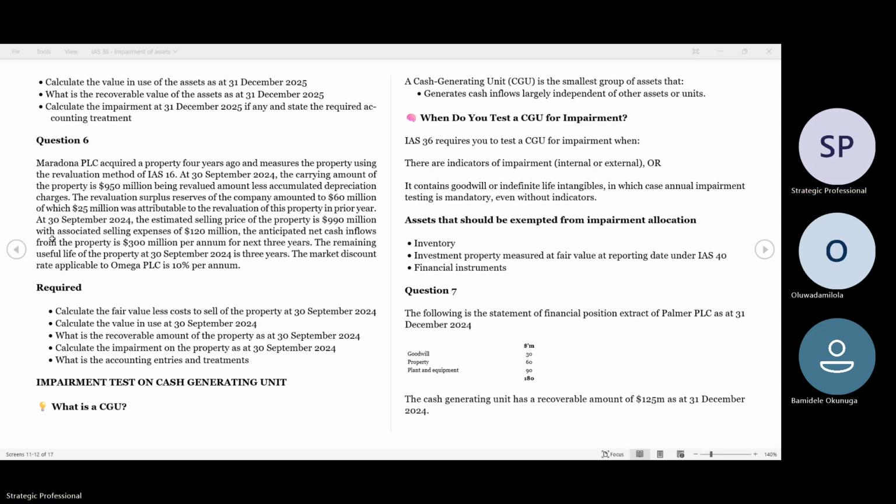Okay, Maradona PLC. The first requirement is to calculate the fair value less cost to sell of the property as at 30 September 2024. So let me share my screen.